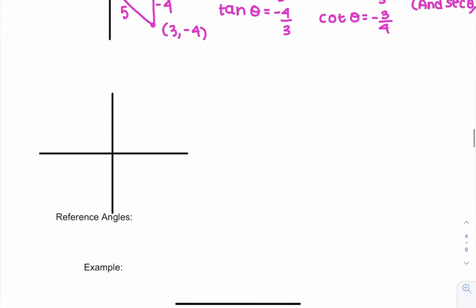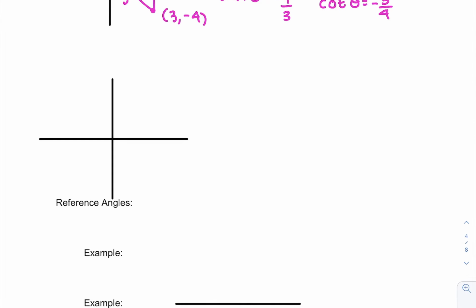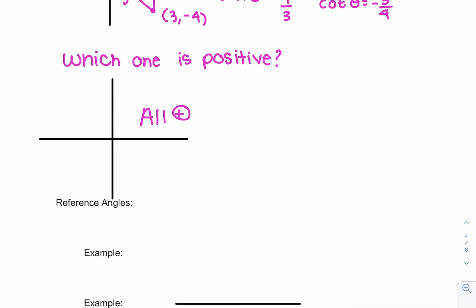So what we can do is figure out a way to remember this. If we ask which one is positive when we're looking at all of our quadrants, here, all of them are positive. Here's just sine is positive. Here, tangent is positive. And here, cosine is positive.